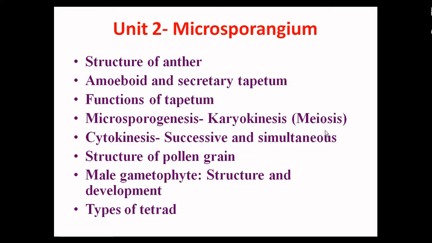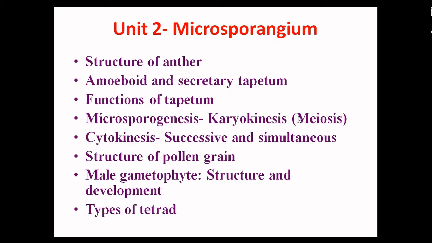Karyokinesis is nothing but the division of the nucleus, and the nucleus divides by the process of meiosis. Meiosis is a reductional division, and genetic recombination also occurs in meiosis. The outcome of meiosis is the formation of 4 haploid nuclei, and around these 4 haploid nuclei the wall is formed through the process of cytokinesis.